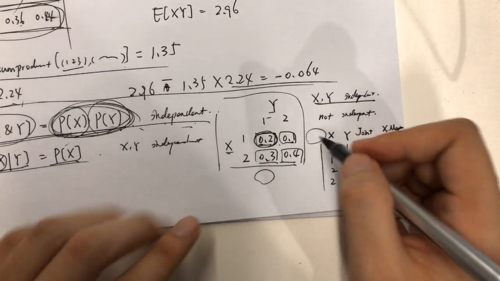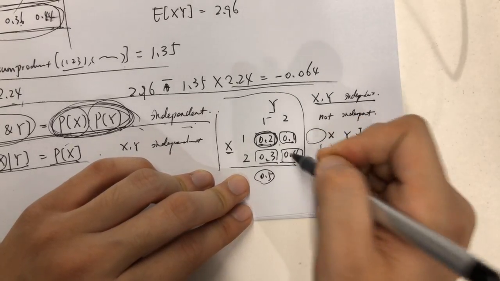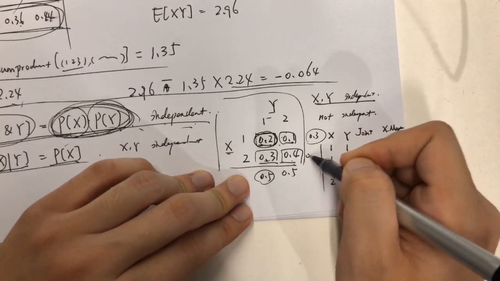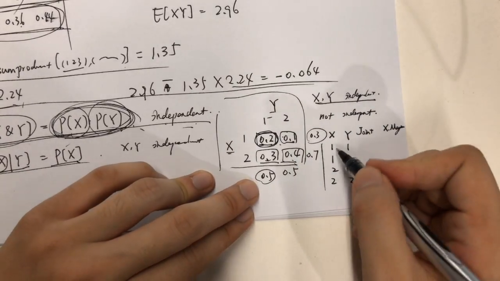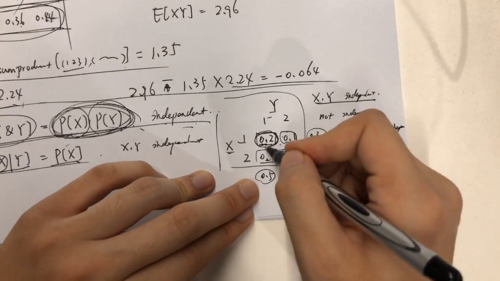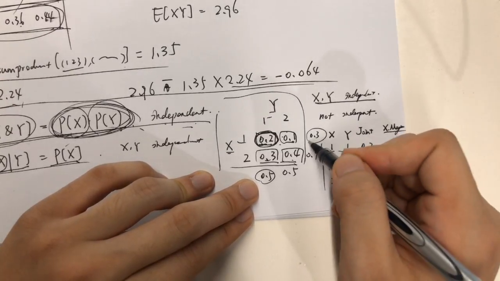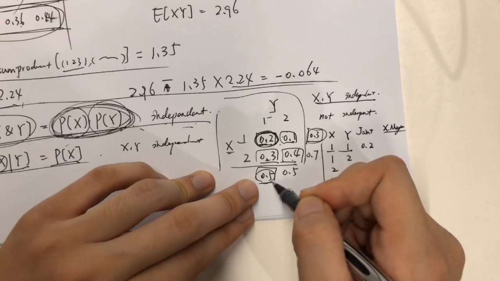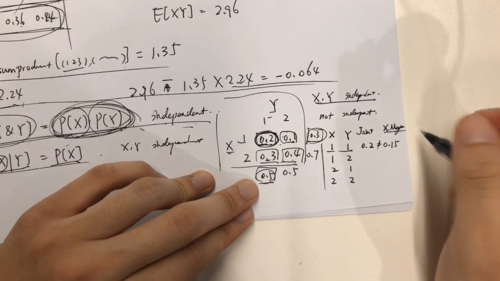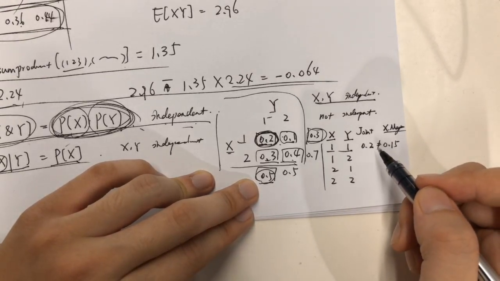So let's now first find the marginal distributions of x and y. This is 0.5, 0.5, and this is 0.3, and 0.7, right? Now first, when x equals 1 and y equals 1, the joint probability is 0.2, right? And the product of the marginal probabilities is 0.15. So they are not equal. Therefore, we can say x and y are not independent, okay?